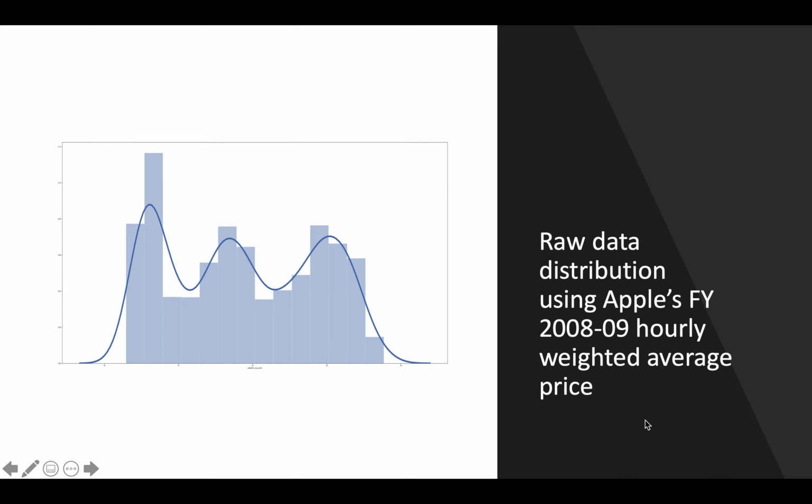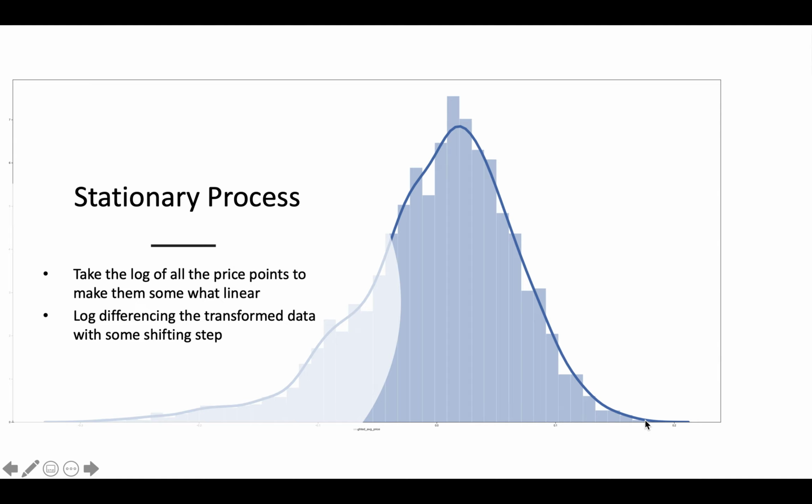So I used a distribution plot to see what's going on in Apple's raw data, and as you see, it has no statistical meaning so far. And then I implemented a stationary process, which is one of the key processes for time series analysis.